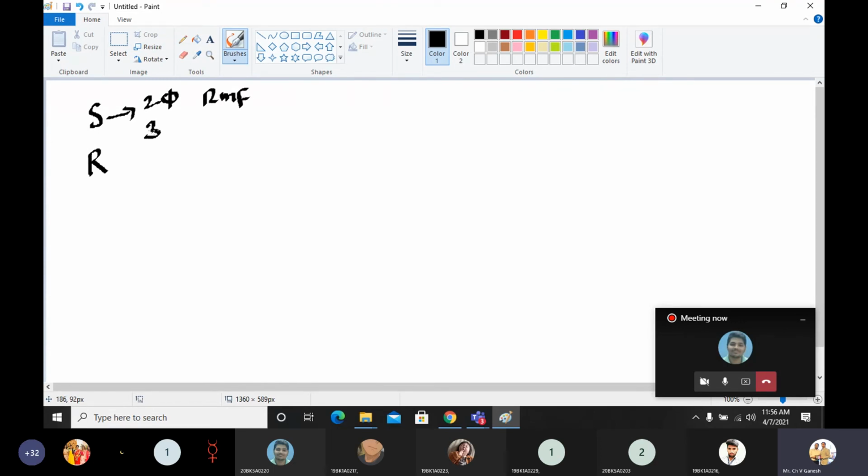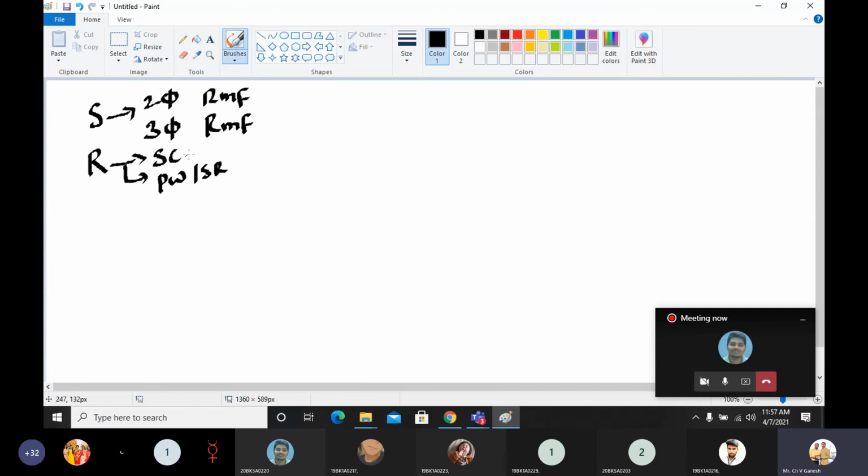If the supply is three-phase, how the rotating magnetic field will be induced. That is the stator. Coming to the rotor, the rotor comes in two types: squirrel cage and phase wound type of rotor. Phase wound is also known as slip ring type.